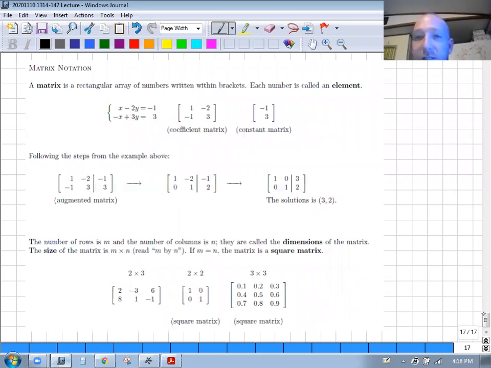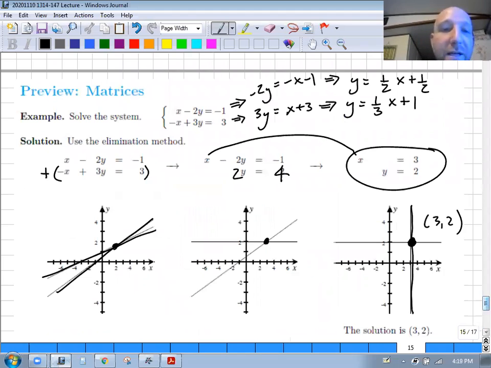You might notice that up here, we kept our x's and our y's in columns, basically. We keep our x's together, our y's together, and then the remaining coefficients together. So if you keep things like that, you can just throw away the x's and the y's. That's what matrix notation is.